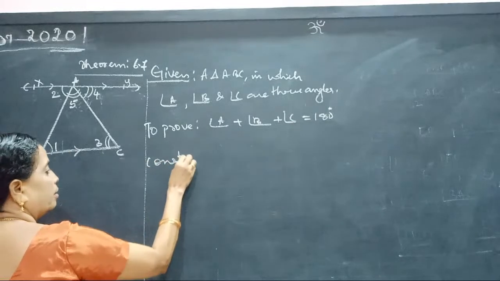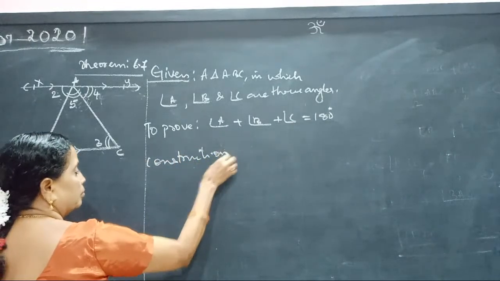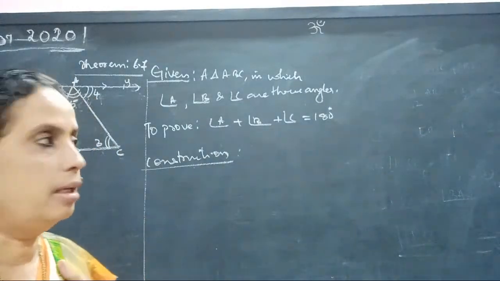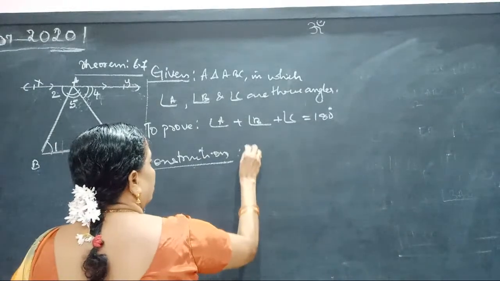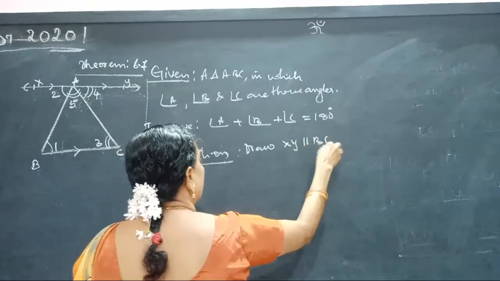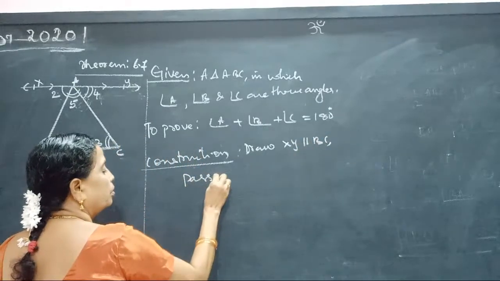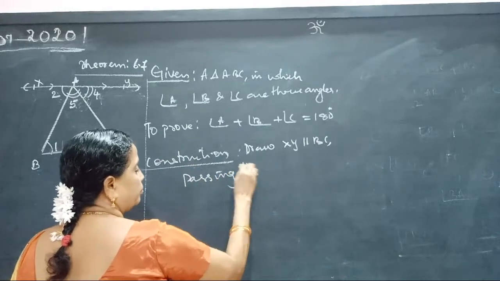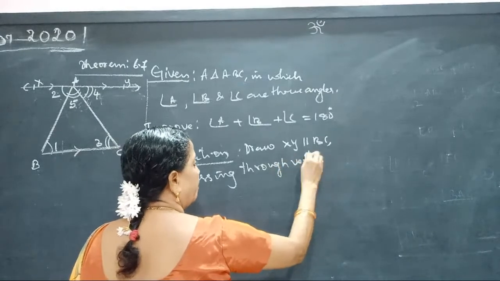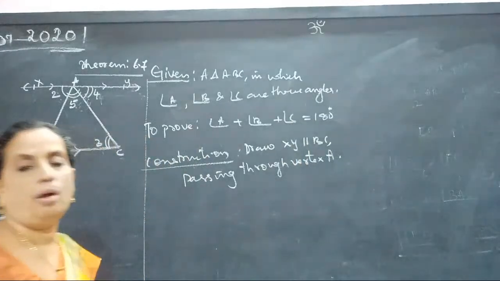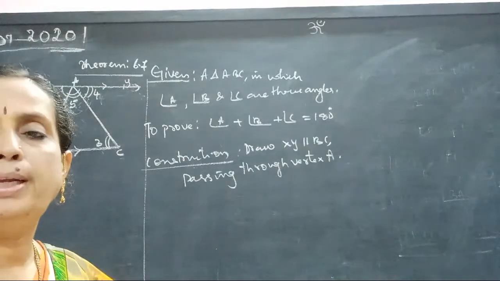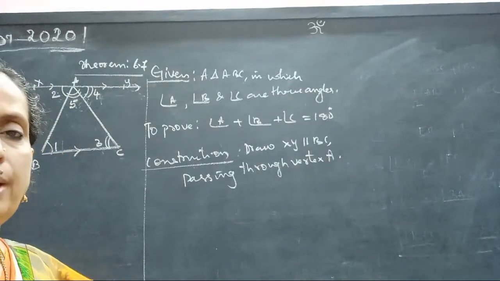Then construction. This is already known, so you can also continue with my speed only. Construction, draw XY parallel to BC passing through vertex A. Draw XY parallel to BC passing through the point A, you can also write, or vertex A.